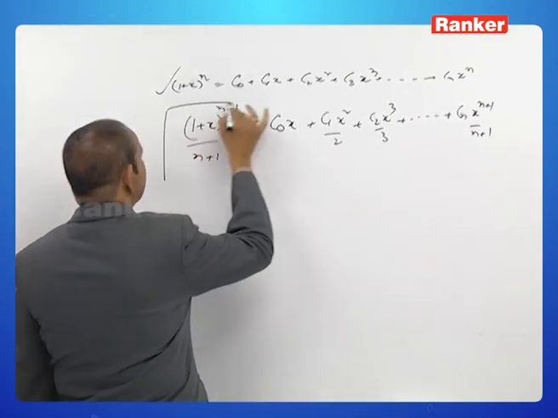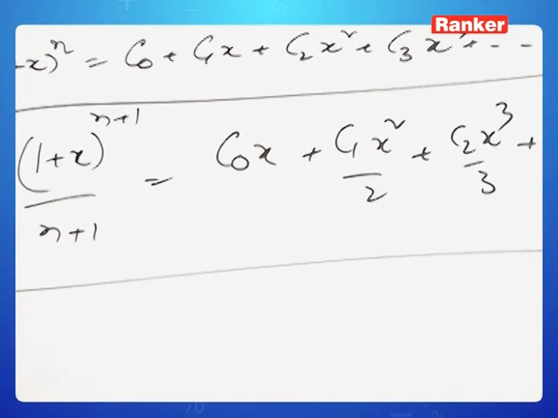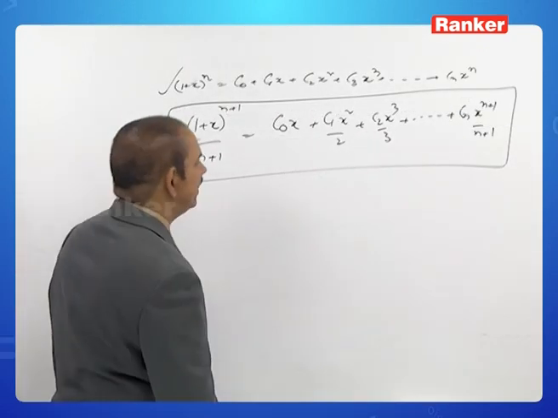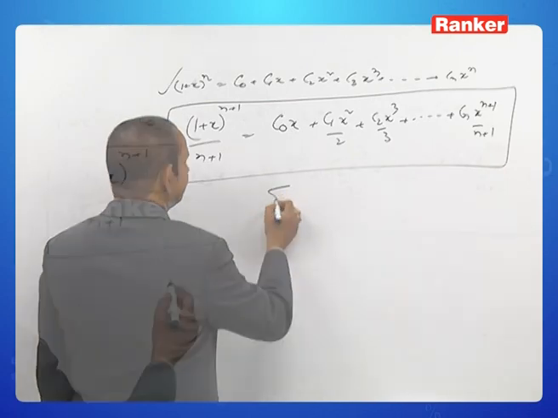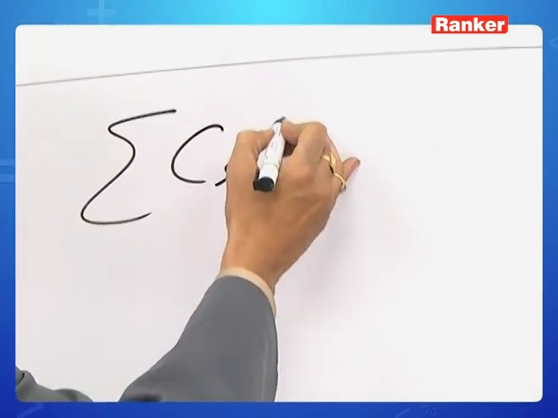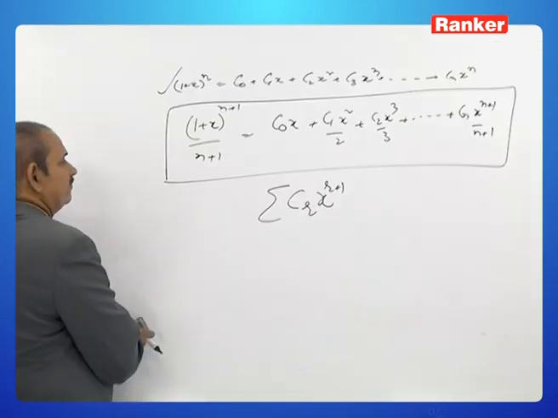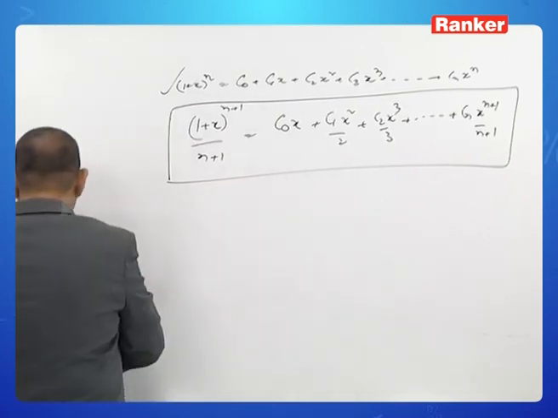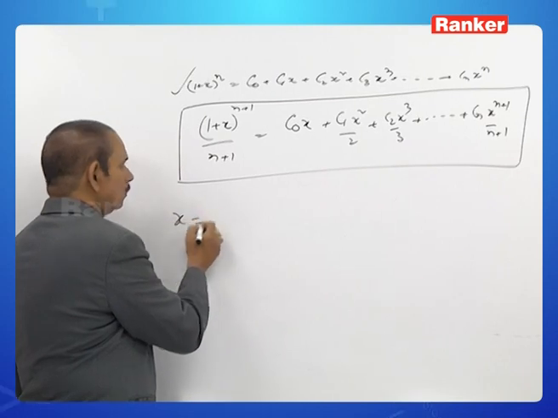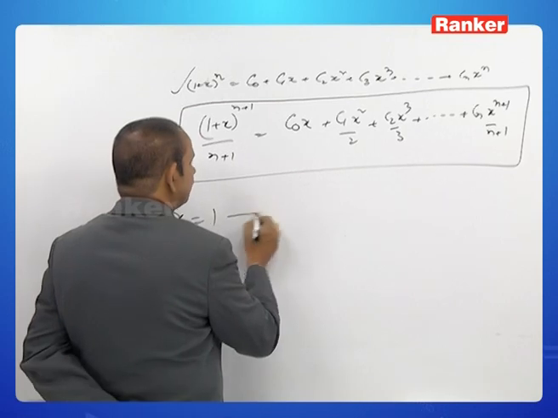1 plus x whole to the power of n plus 1 by n plus 1 is therefore equal to C0x plus C1x square by 2 plus C2x cube by 3 and so on plus Cn into x power n plus 1 by n plus 1. This can again be taken as sigma Cr into x to the power of r plus 1 by r plus 1, like this. Good. Another beautiful result that can be obtained from this, if you put x is equal to 1 in this step, what do you have?